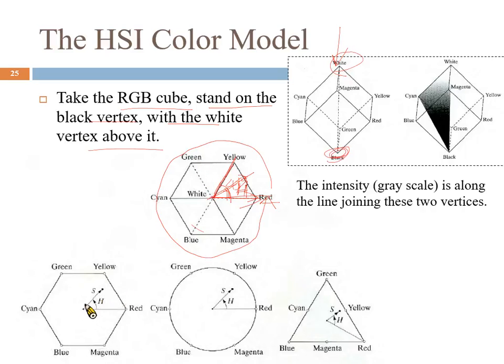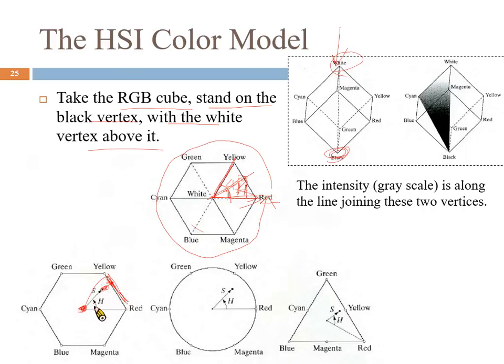And the saturation is defined as the distance between a color and pure white. If the distance is larger, that means the color is closer to the boundary, so we have a pure color.